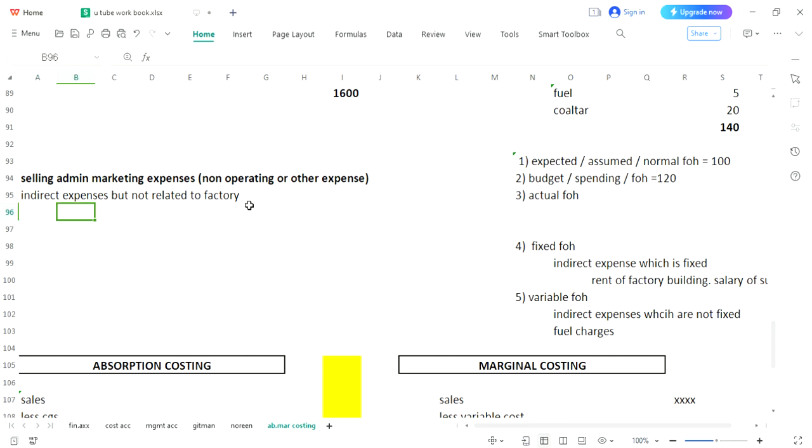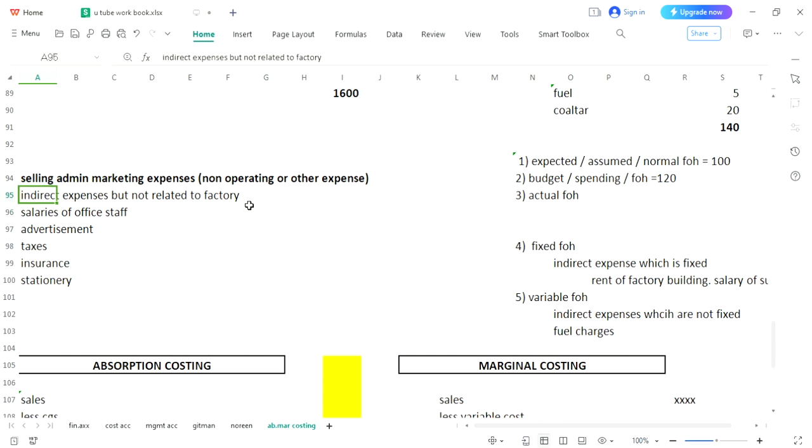How will you deal with it? For example, you have paid salaries of office staff, then you have made advertisement, then you have paid taxes for insurance, then you have paid stationery expenses.